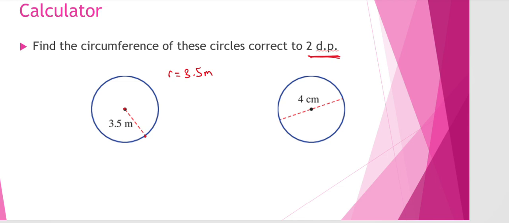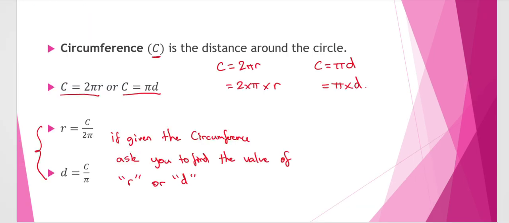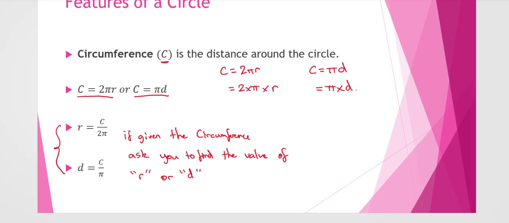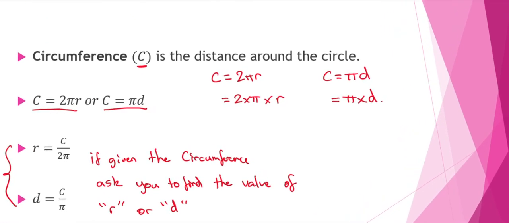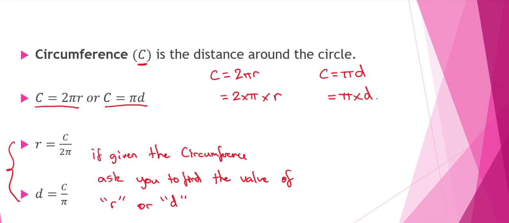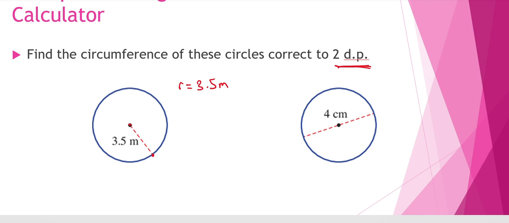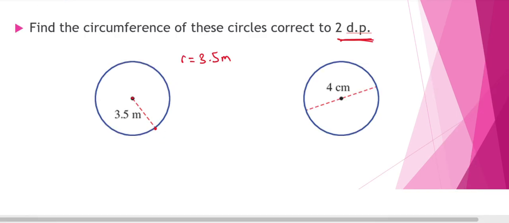Now, going back to our previous slide here, we have two circumference formulas, okay? Which one are you going to use? Because we are given the radius instead, we need to use c is equal to 2 pi r, or c is equal to 2 times pi times r. We need to use that formula specifically because that's what's been given to us.